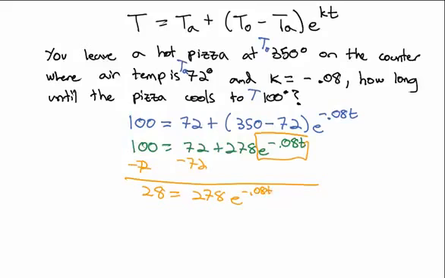Divide both sides by that 278, and e to the negative 0.08 t is equal to, let's just keep this as the fraction because the calculator is going to do the dirty work for us, 28 over 278.